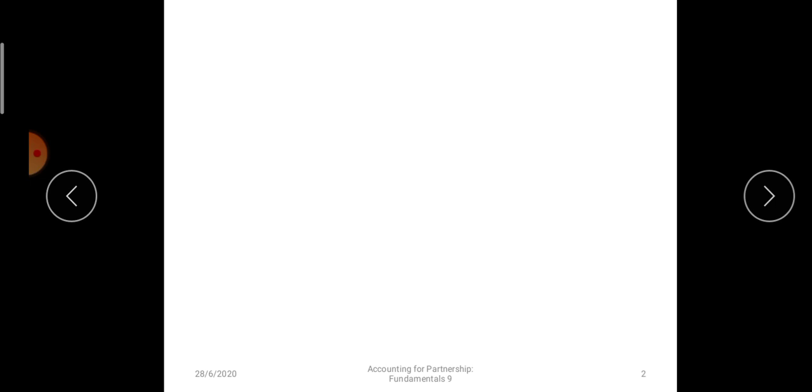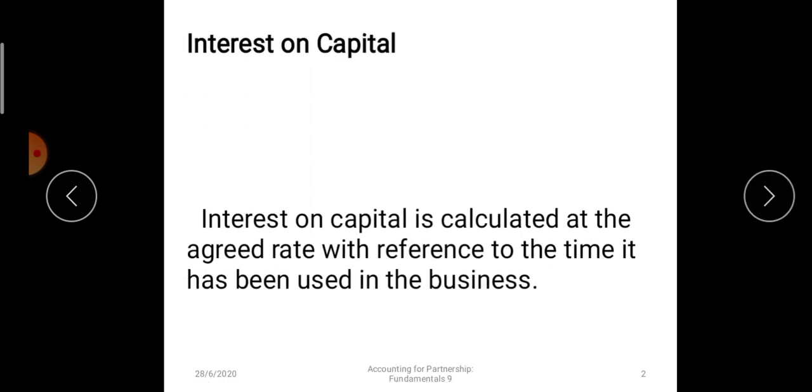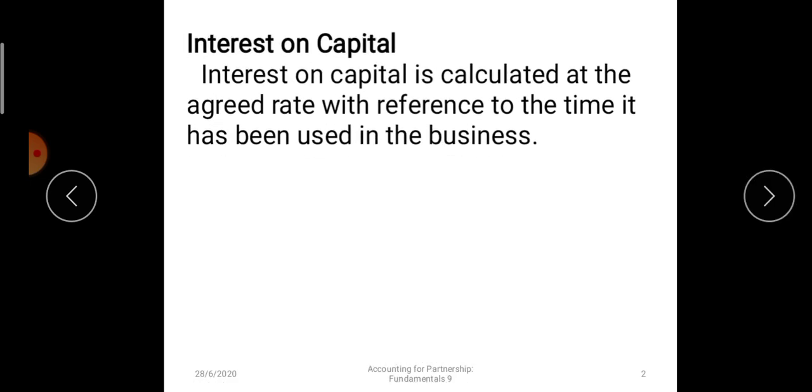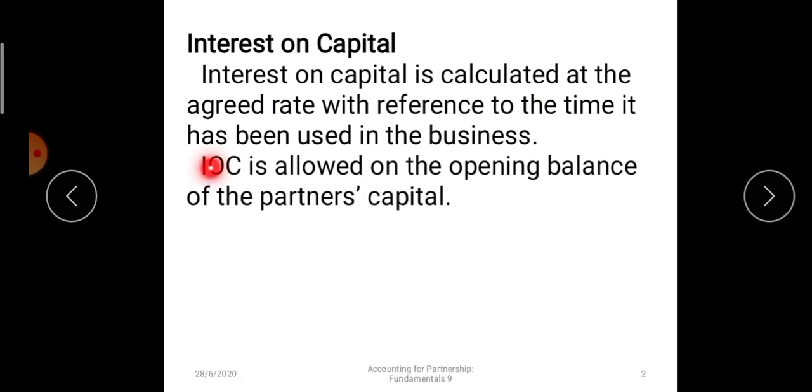So let's start. Interest on capital, we have already discussed, if the question is silent, then interest on capital will not be allowed. If the partnership deed provides for interest on capital, then it will be calculated at the agreed rate and it will be treated as appropriation of profit. Interest on capital is calculated on the opening capital balance at the agreed rate, if capital is not introduced or withdrawn.